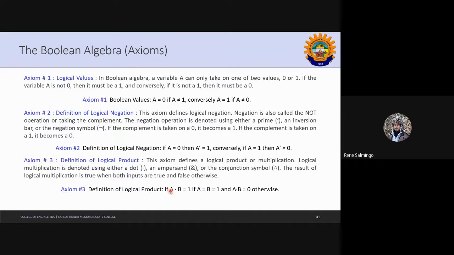A and B equals 1 if A equals 1 and B equals 1, and A and B equals 0 otherwise. So this is your logical product.